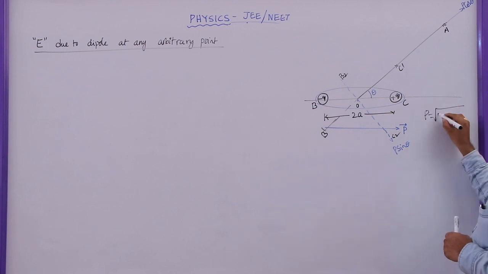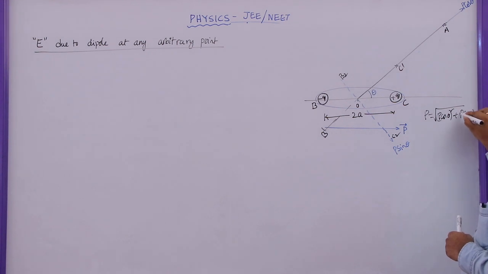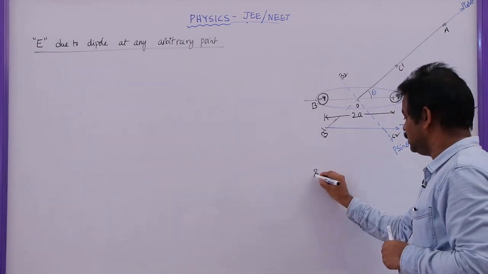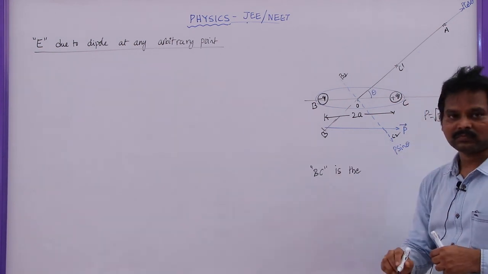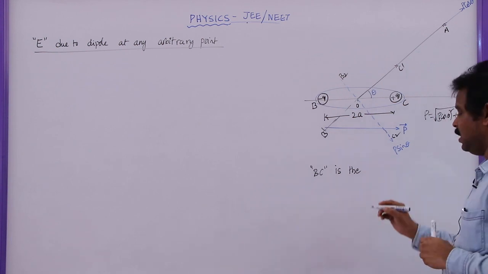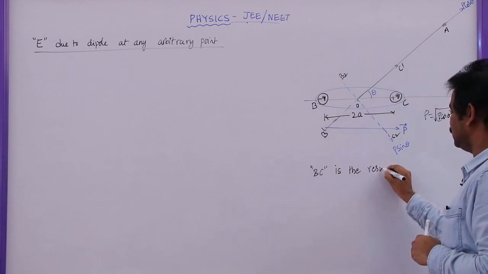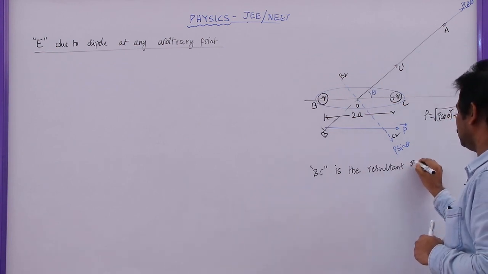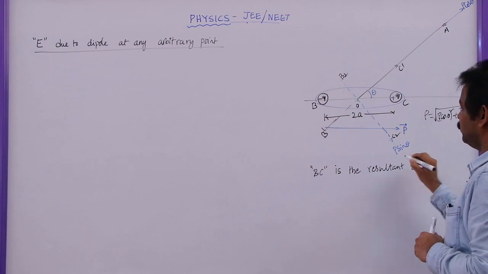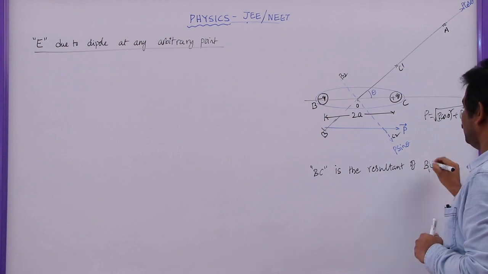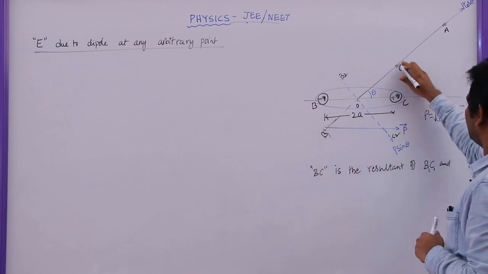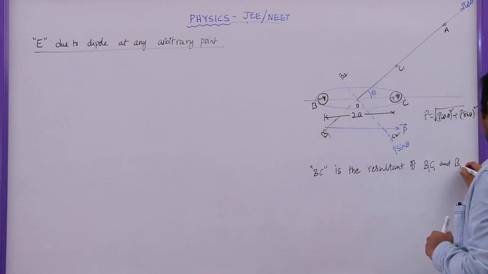So p is equal to root over (p cos theta) whole square plus (p sin theta) whole square, which is equal to p. So BC is the resultant of two different dipoles, B1 C1 and B2 C2.